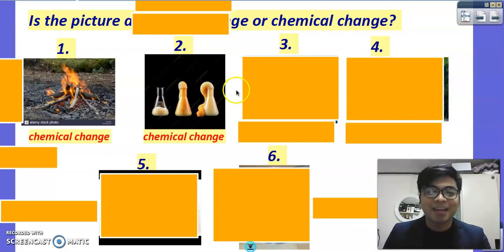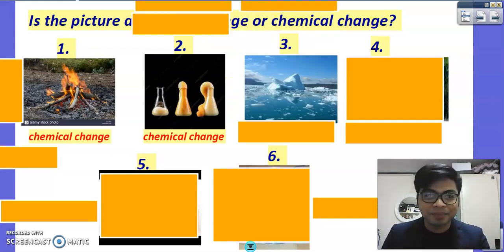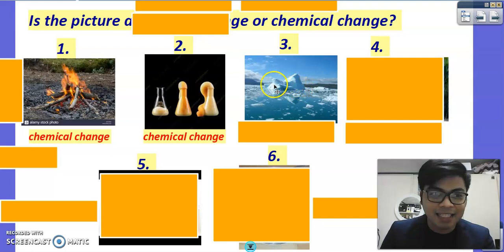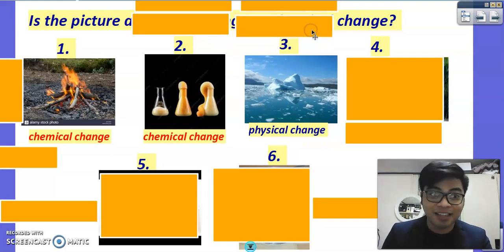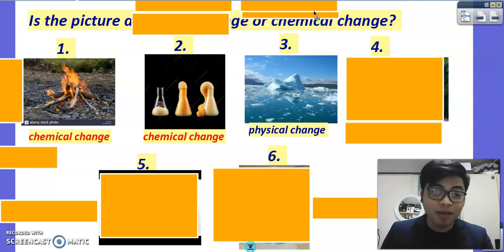Okay? Number 3, look at the picture. Look at this, it's an iceberg. So, is this a physical or a chemical change? 1, 2, 3. The correct answer is physical change. Melting of ice into water is just a physical change.